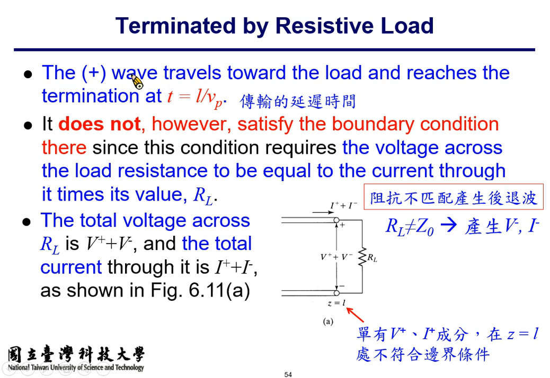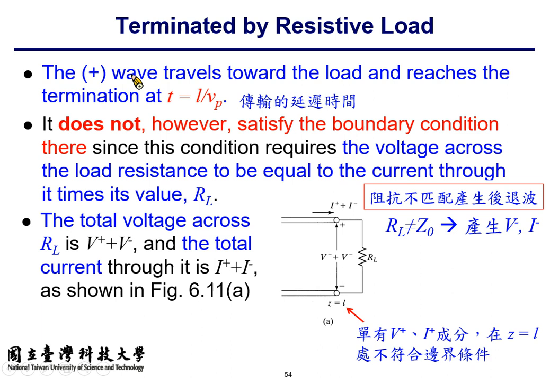So it requires an additional voltage and additional current signal so that the total voltage, V plus plus V minus, over the total current, that is I plus plus I minus, equals RL.